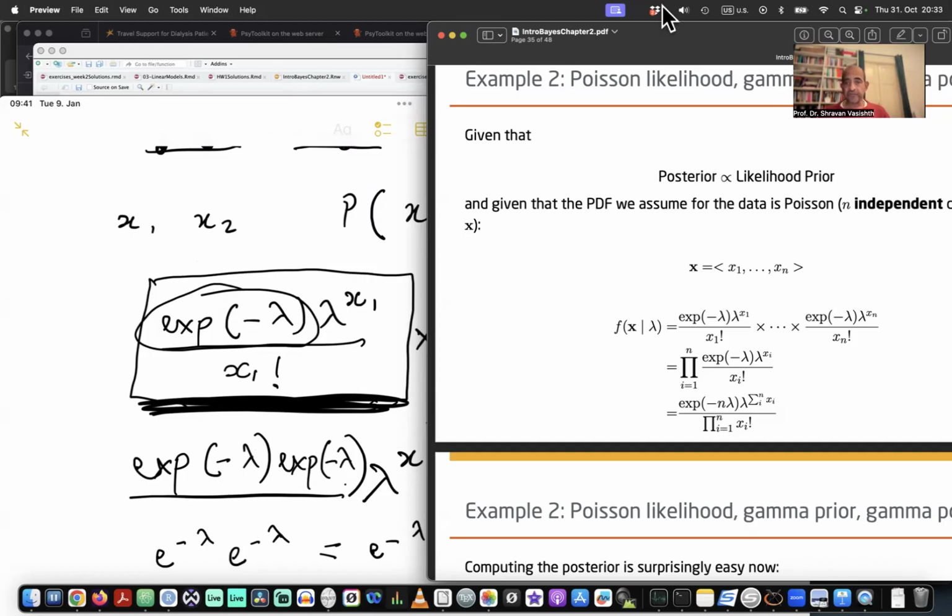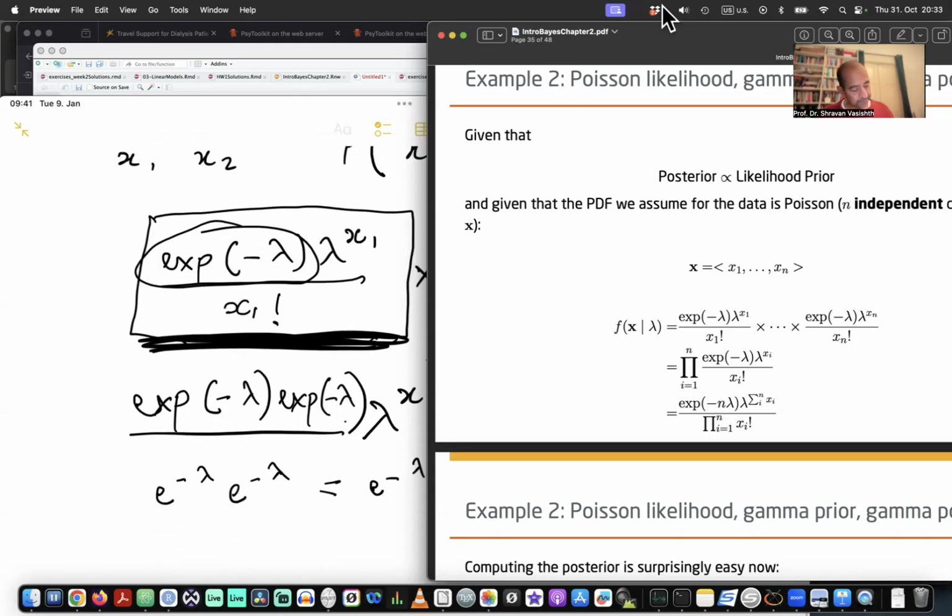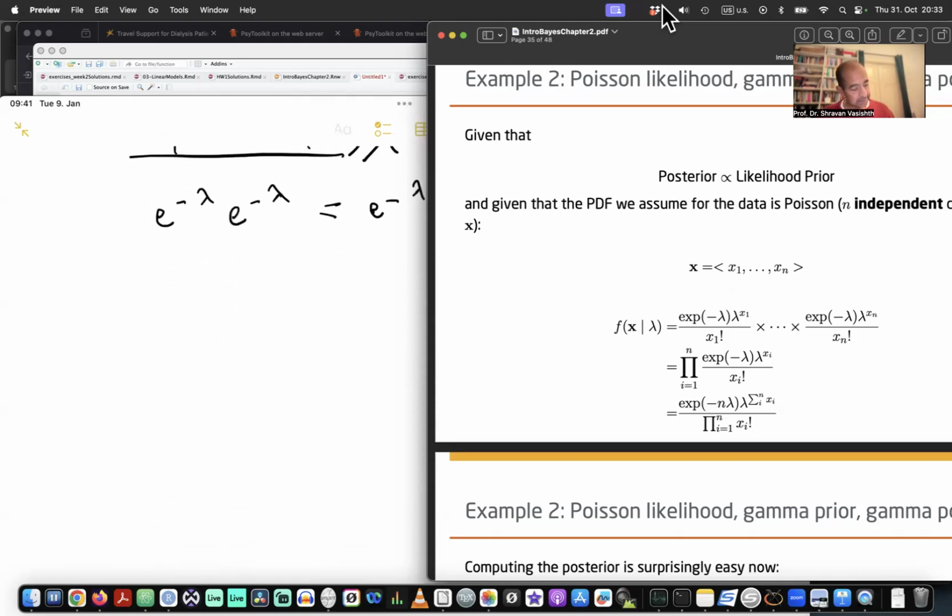Now, if I had n data points, let's say 10 data points, then it would not be 2 here. It would be n, or 10, or whatever the number of data points is. And so that's why what you're looking at on the right-hand side of the screen is the situation where we have x1 to xn independent data points.